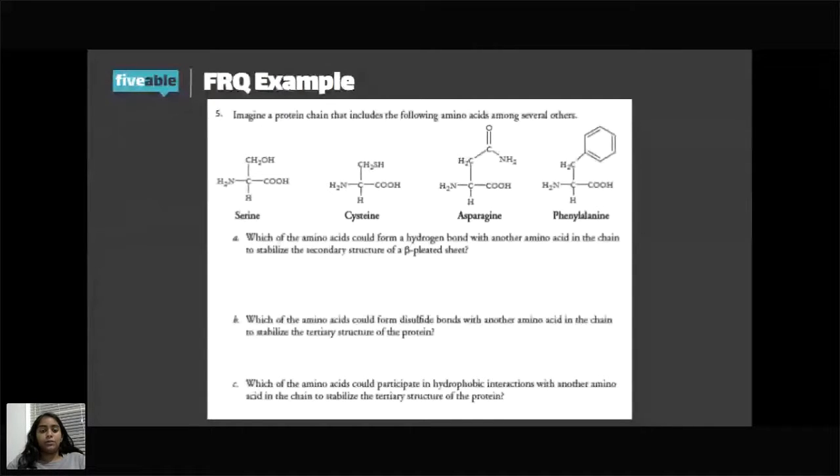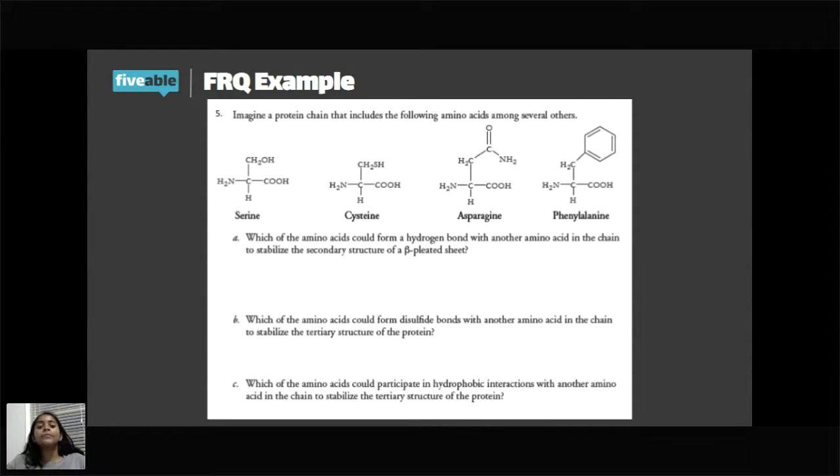And so here we see serine and cysteine, asparagine, and phenylalanine. Sorry.